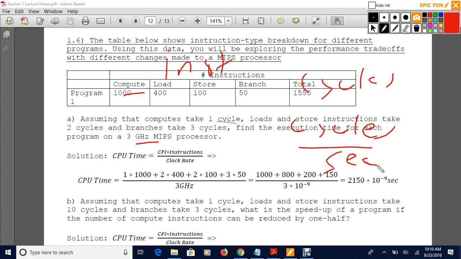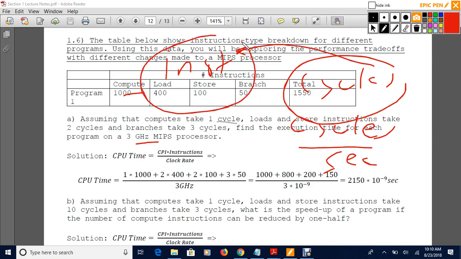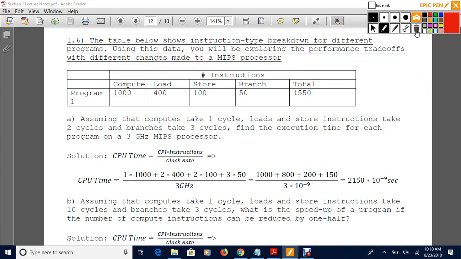And I'm trying to figure out how to make those. Oh, cycles per instruction is CPI. So that allows me to multiply by the number of instructions. So here I have 1 times 1,000, right? So I have the number of cycles per second.